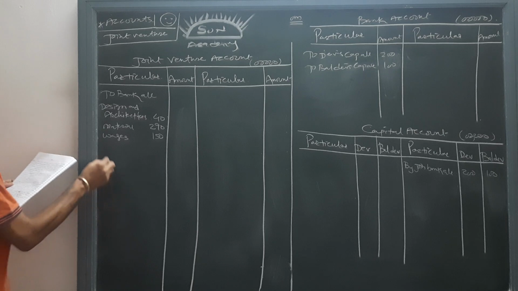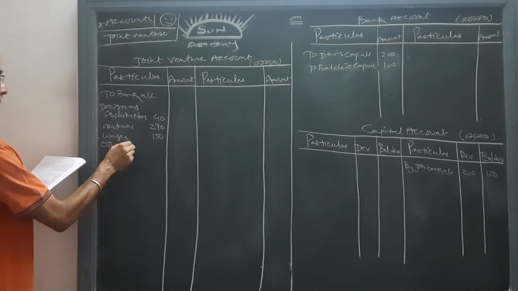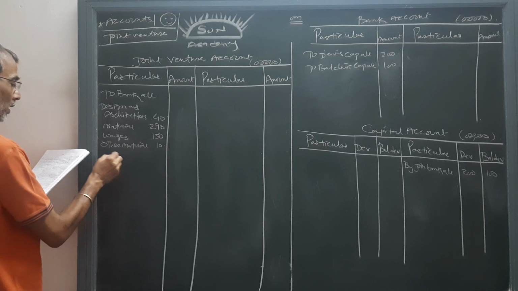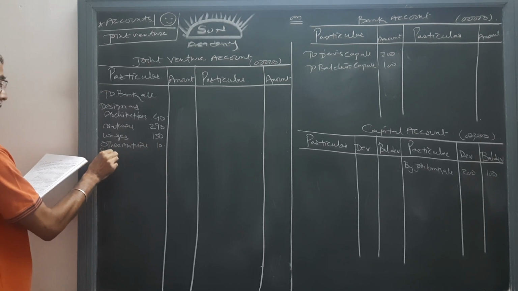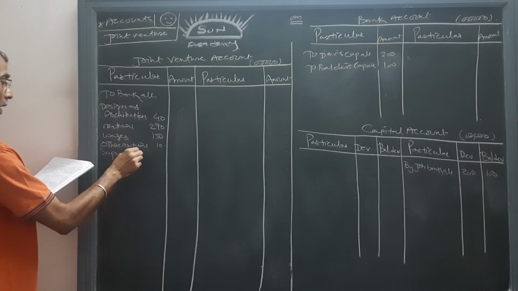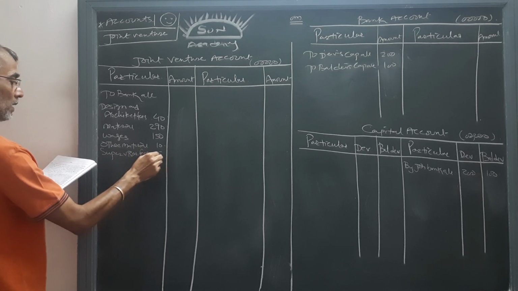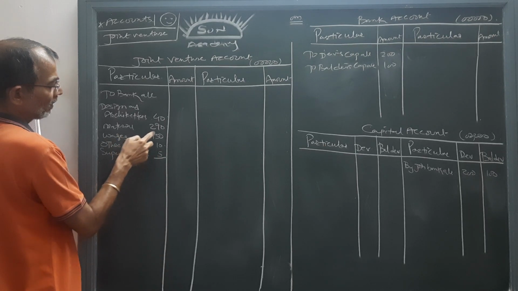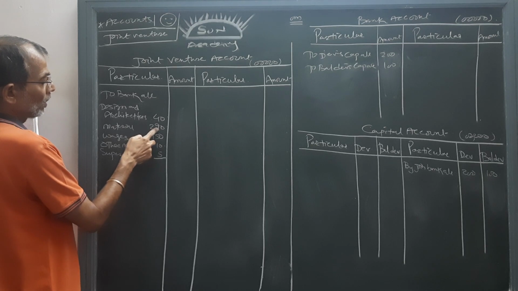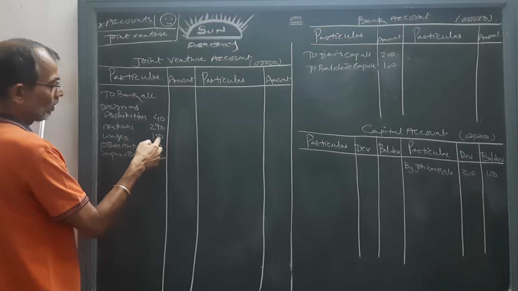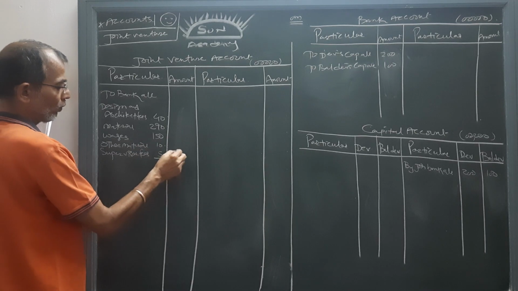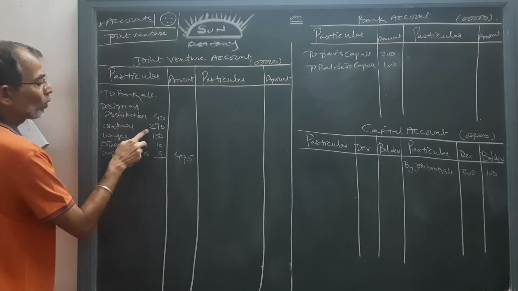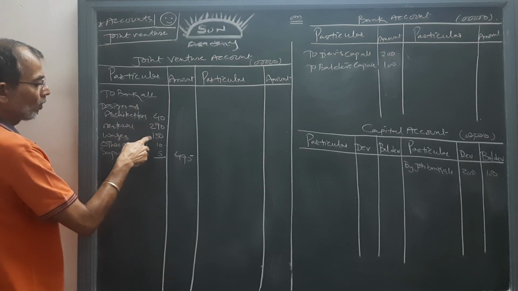Other material, that is 10, and supervisor fees, that is 5. So 290 plus 40 is 330, 430, 480, 490, 495 will be the figure.